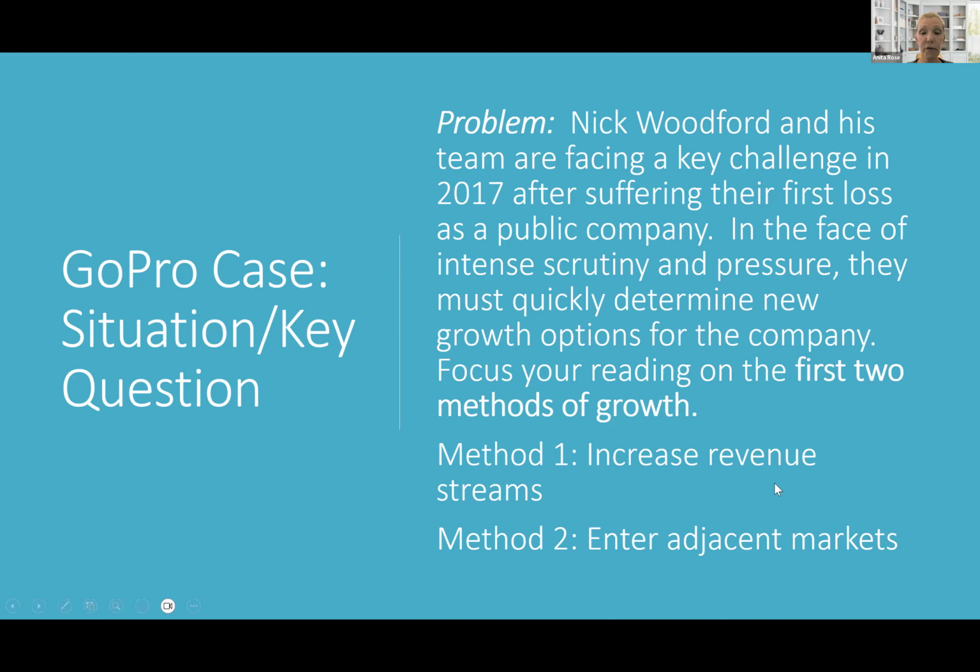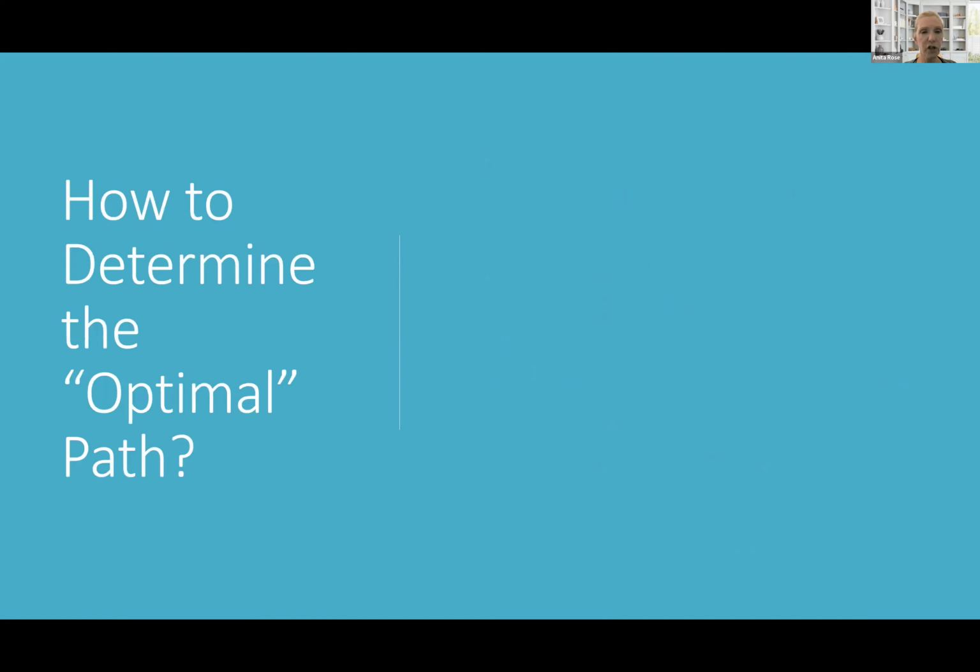You're looking at increasing revenue streams and entering adjacent markets. Those are the two areas. There are other areas that this company could have gone, but we're just going to focus on these two areas without being overwhelmed with growing in many different other areas. This is where we're going to really channel our methods for growth.